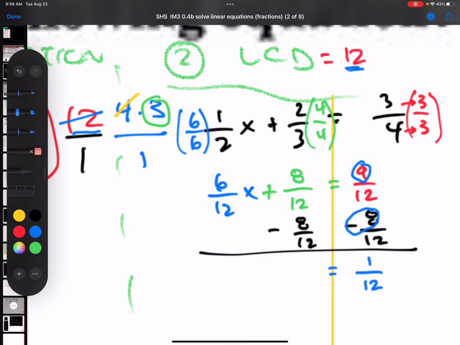So did you notice in subtracting or adding fractions, we just add the numerators at the top. And then we get 6/12. Now, to get rid of that fraction, you could do 2 things.